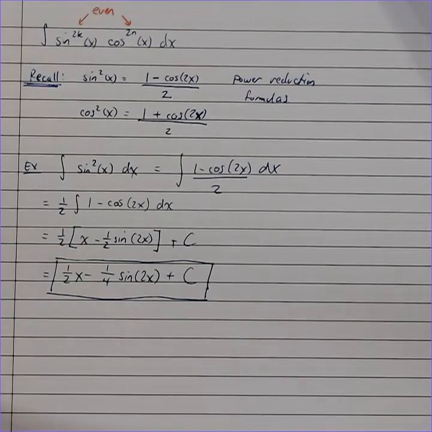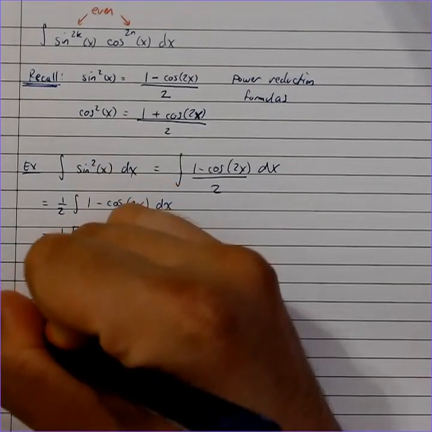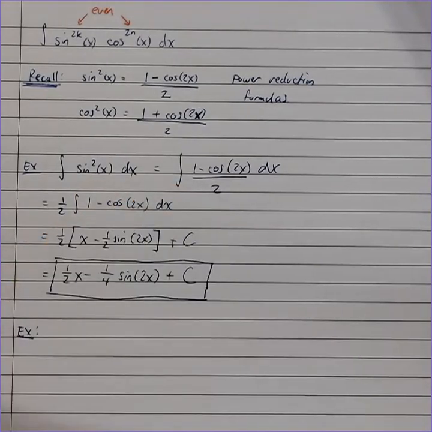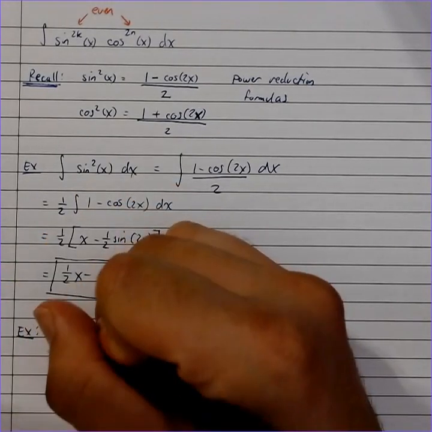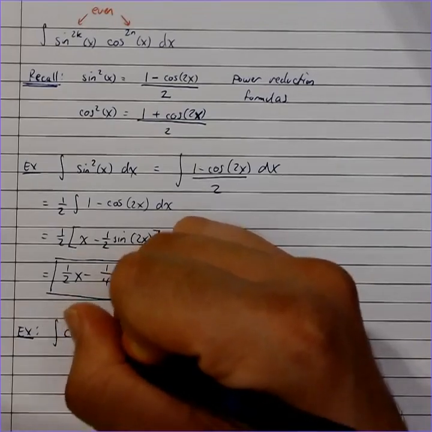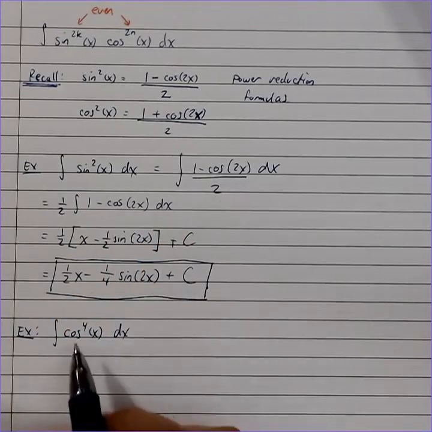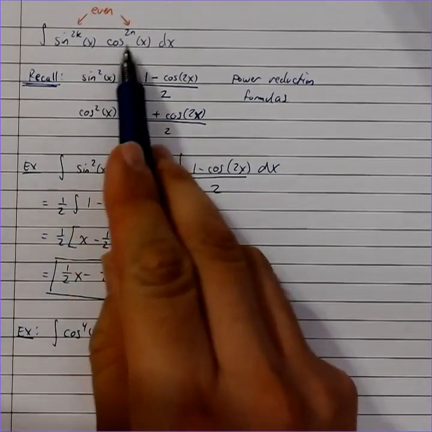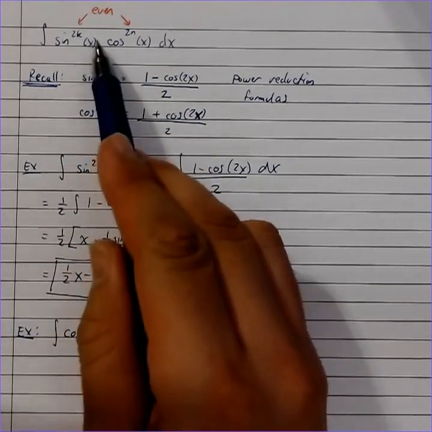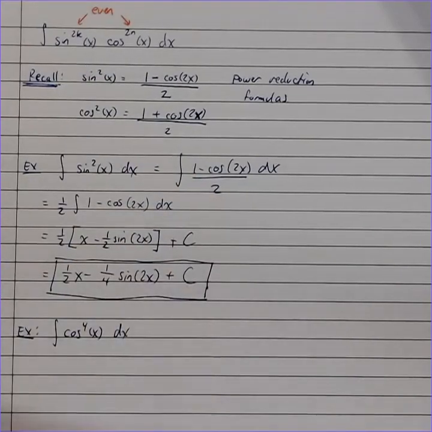The power reduction formula may need to be used repeatedly. So for example, let's say I have the integral of cosine to the 4th of x dx. Again, that's an even power, and technically 0 is an even power, so that does qualify.